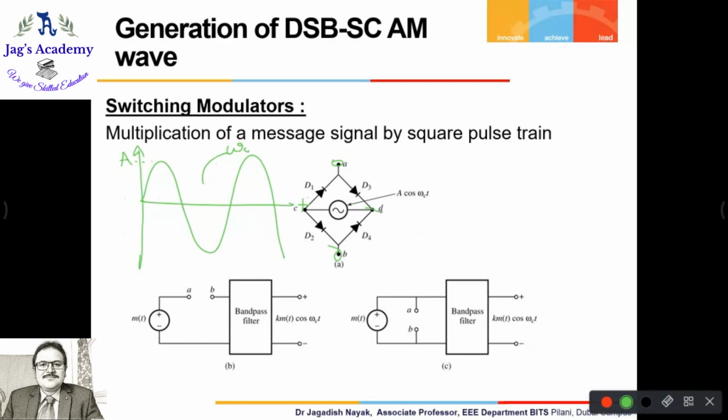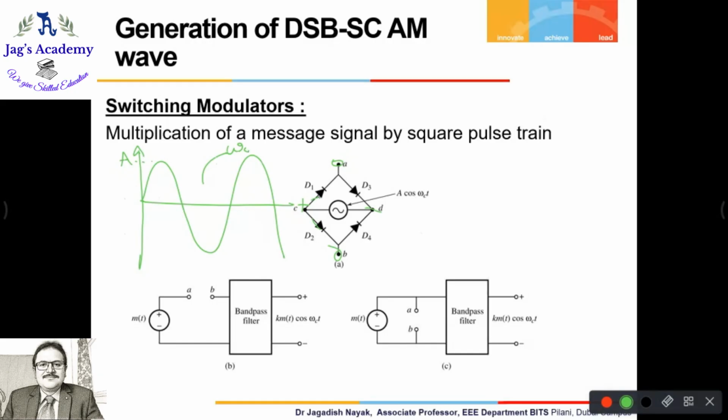So this will be forward biased, this will be reverse biased, right? During the next cycle, the other two will be forward biased and these reverse biased. So you will get something called a square wave. We will get both positive and negative amplitudes, which represent your on and off condition. On and off, on and off. Have you understood this? Okay.